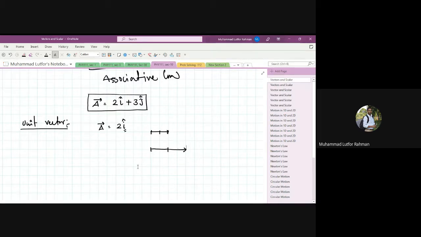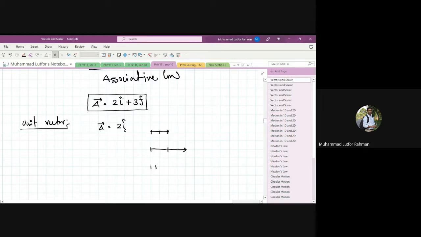That's for our calculation purposes. We could consider half as the smallest unit, because it's not always true that the unit vector magnitude will be 1.